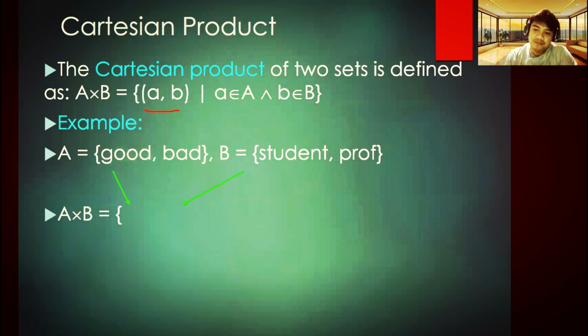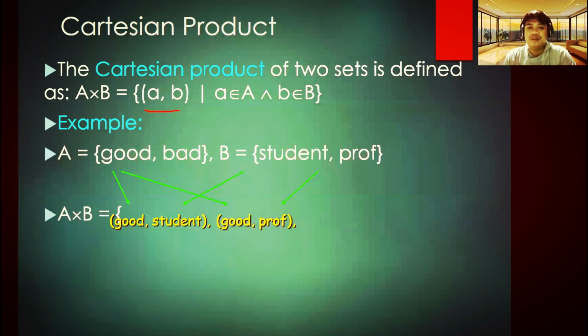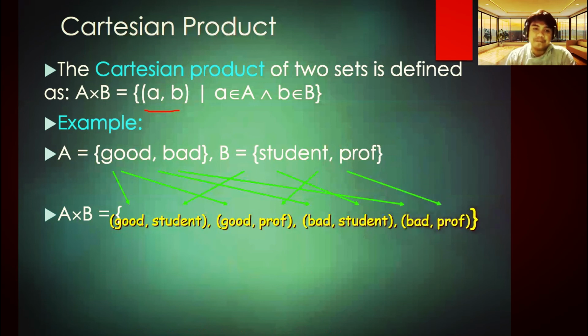Tapos yung first element ng B. So good and student. Next, yung first element of A, and then the second element of B, where we have good prof. Next, we have the second element ng A, which is bad, and then we have our first element ng B. We have bad and student, and then we have bad and prof. So, itong mga ordered pair na to are the elements of the Cartesian product of A and B.